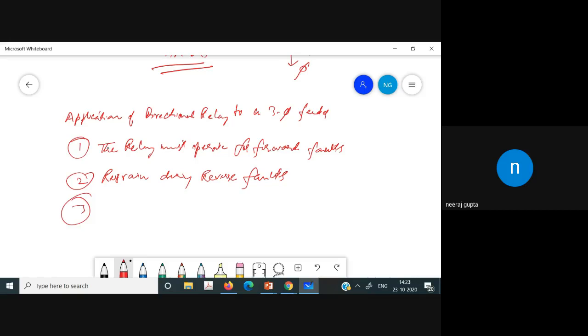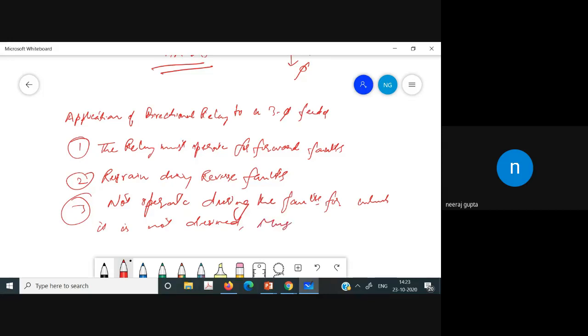And it must not operate during the faults for which it is not designed, and must not maloperate.